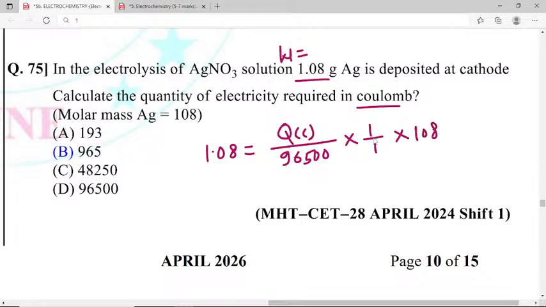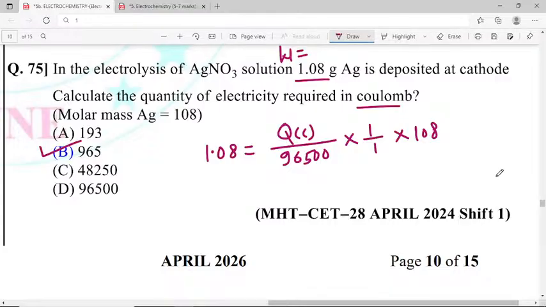If you substitute all these values, then 965 coulombs is your answer.